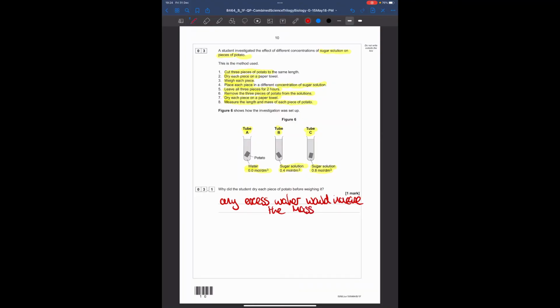In this practical, we are after how much the potato weighs and what is inside the potato. We're not interested in what is on the surface of it. Okay, so why do we need to dry each piece? So it's to remove any excess water because it would increase the mass.